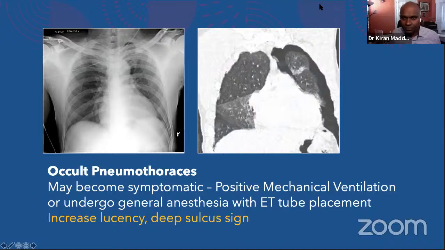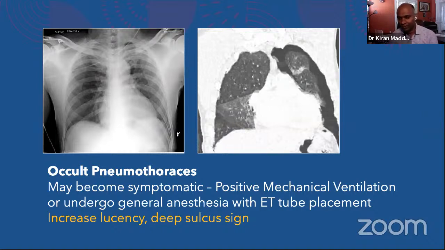Yeah, I know this isn't obvious, so I should be expecting some more answers here. Very good. Let me see what people are saying. Yes. So left-sided pneumothorax here, which is not really picked up on the radiograph. These are the ones we call occult pneumothoraces. What is the clinical significance of these?